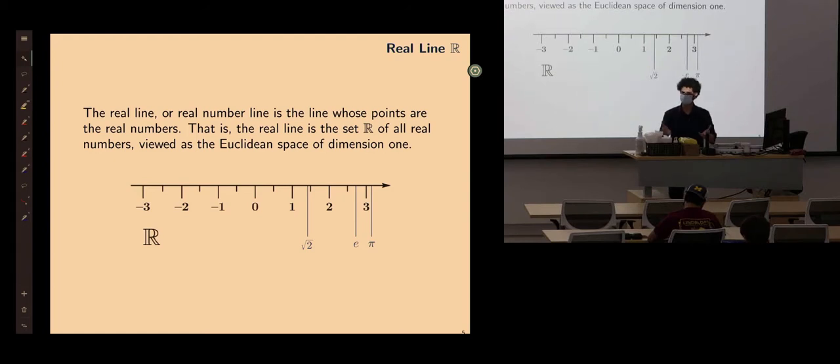All of them in one set. And we use this standard notation, the blackboard letter. It's hard to write it, but you can write it like this. And this is the set of real numbers. And this line, this is a one-dimensional space. We might write 1D. We mean one-dimensional.